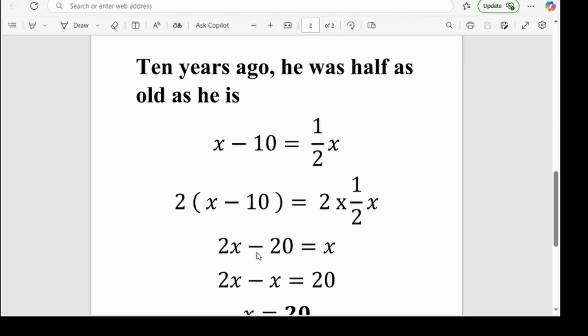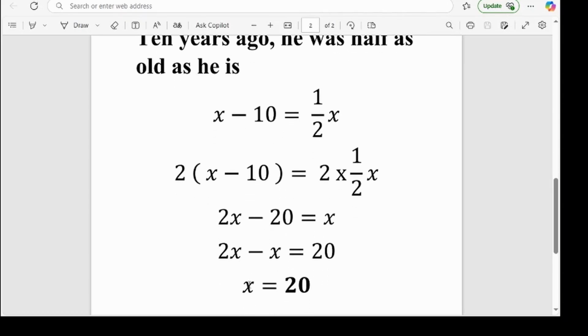So this x, which is positive, will cross the equal to border, and whenever it crosses, it will change its form. So x, being a positive number, would change its form to become a negative number. So that's why we have 2x minus x.